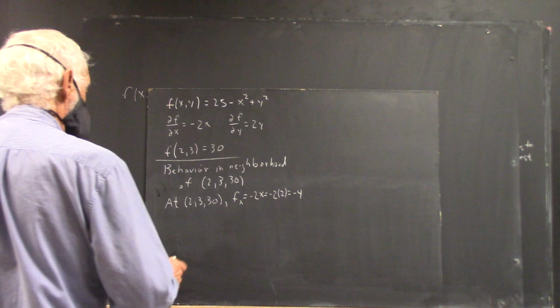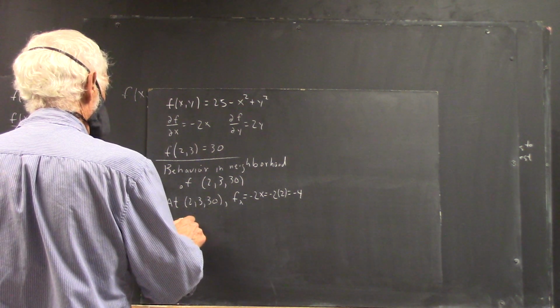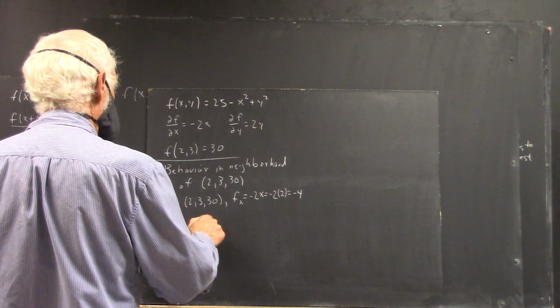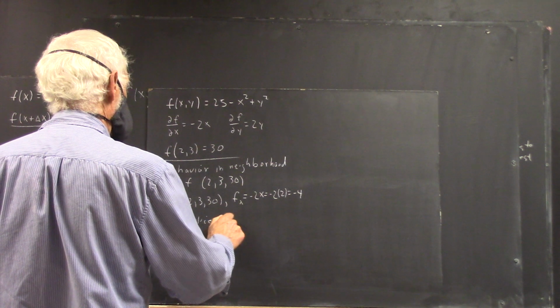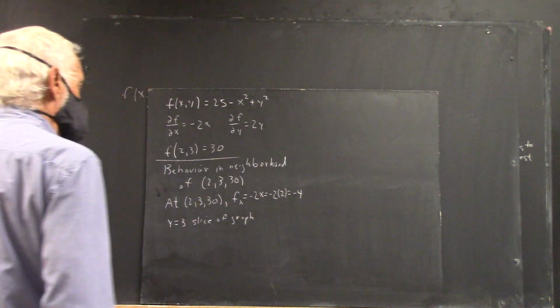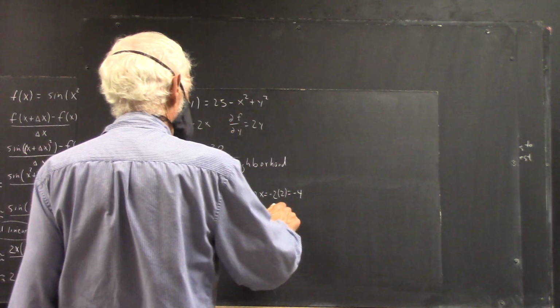At this point, the slope of that curve is negative 4. When x is 2, the slope is negative 4. So the y equals 3 slice of the graph looks like what? Well, 25 minus x squared.